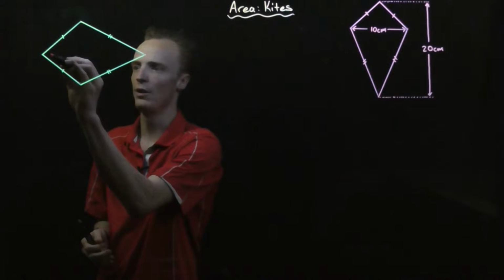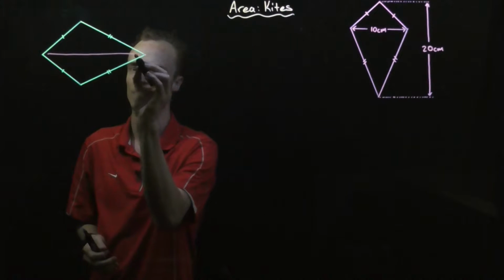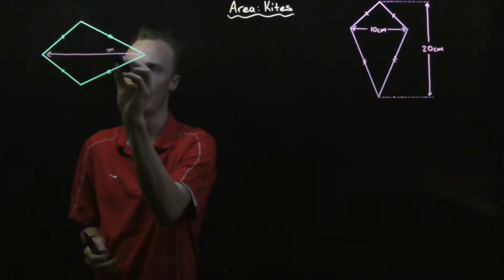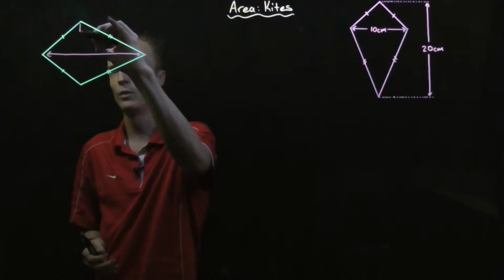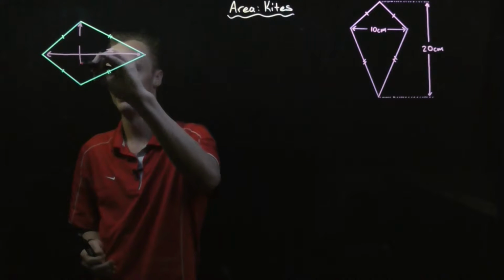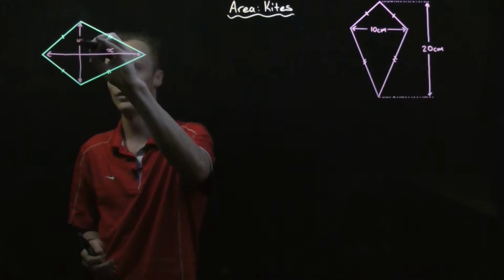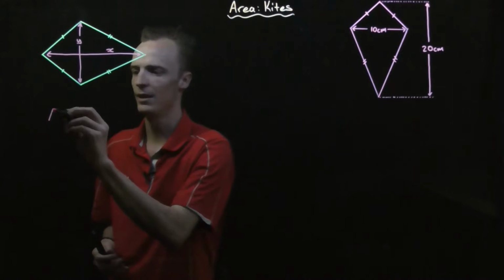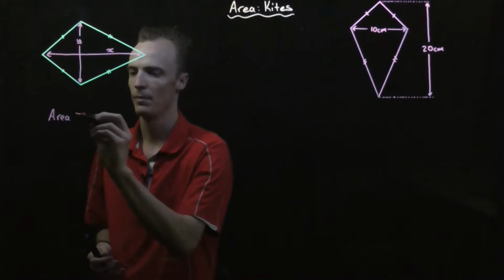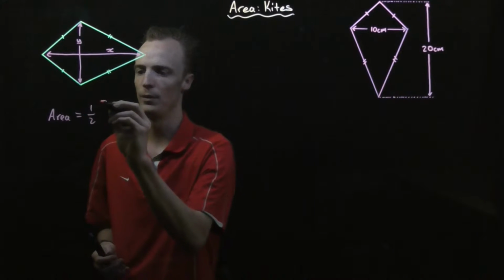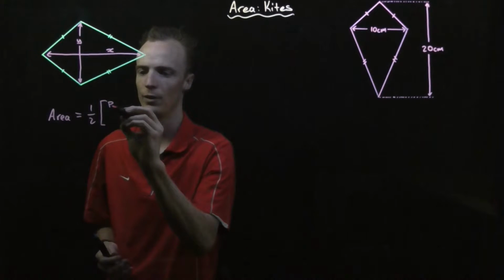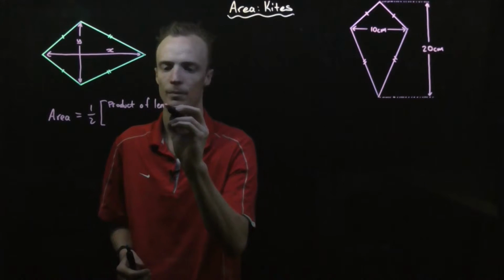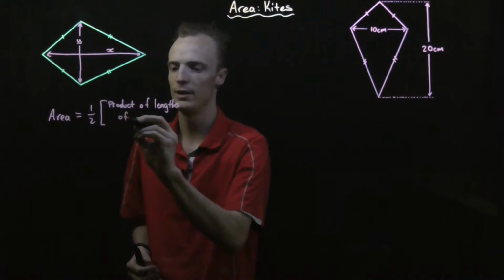So you need to know the distance between the opposite corners here, which we refer to as x, and the opposite corners here, which we refer to as y. Now, the area of a kite is calculated by half times the product of the lengths of these diagonals.